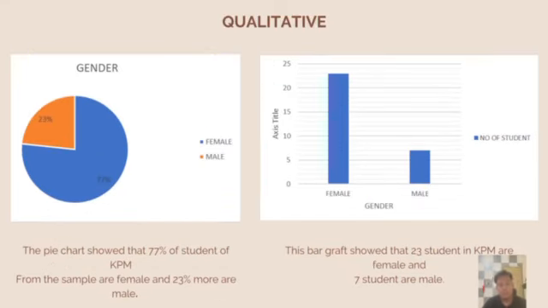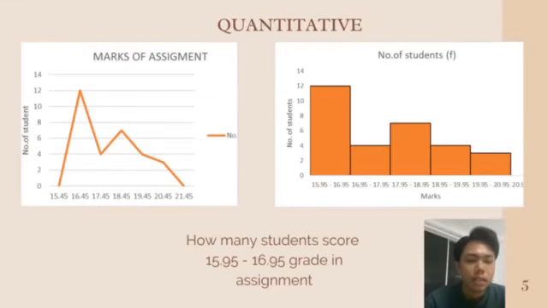Next, for our qualitative data, the pie chart shows that 77% from the sample are female and 23% are male. The bar graph shows that 23 students from KPM are female and 7 students are male. Next, this is the data on how many students score 15.99 to 16.95 grade in assignment.